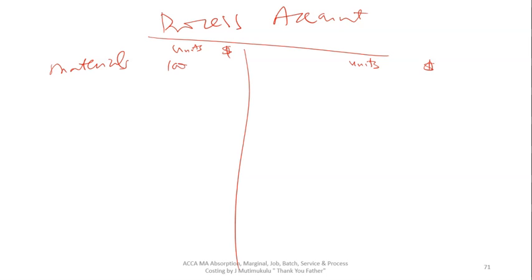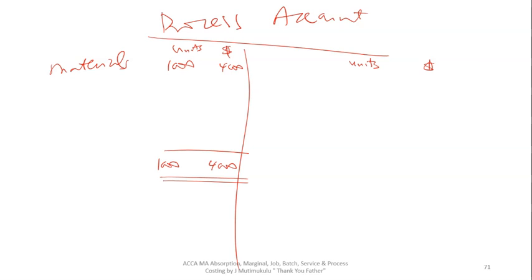These were the unit inputs, and they were costing at $4 per kg, so that's $4000. Okay, so you can just say this side we have got 1000 units at $4000.